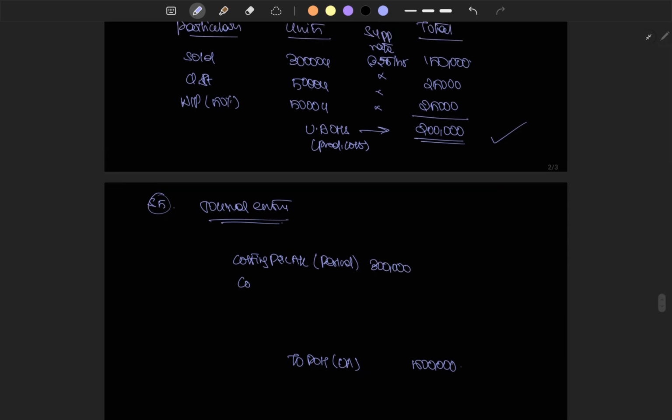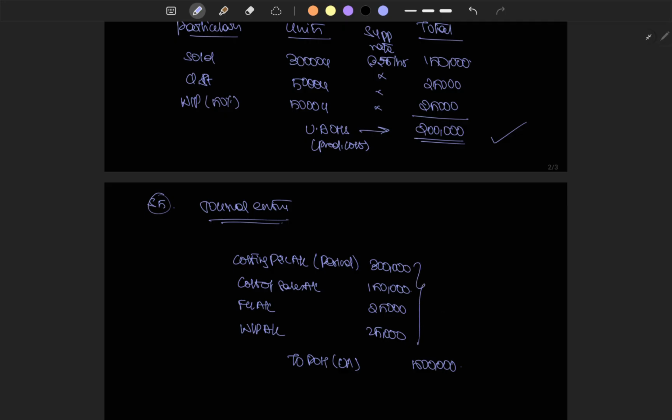And cost of sales account, which is actually the number of units sold, which is 1,50,000, and the closing stock, which is FG account, 25,000, and WIP account, which is 25,000. That's it.